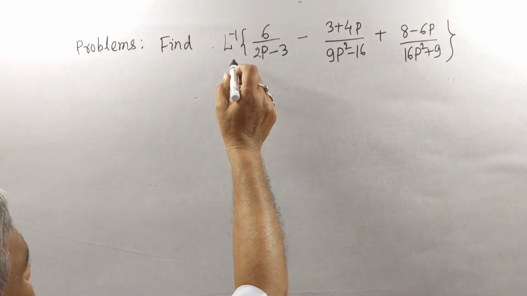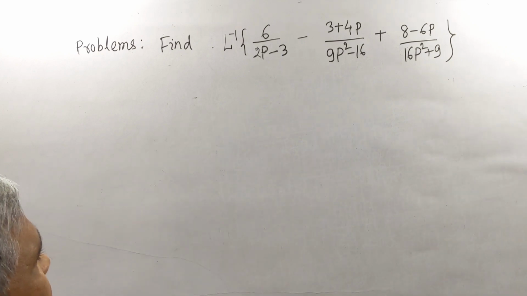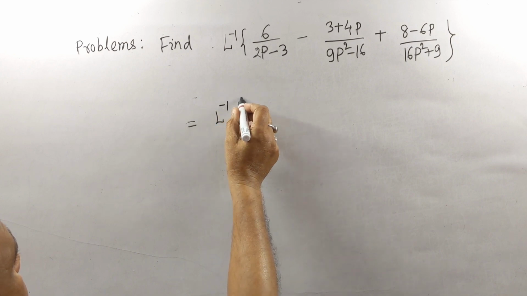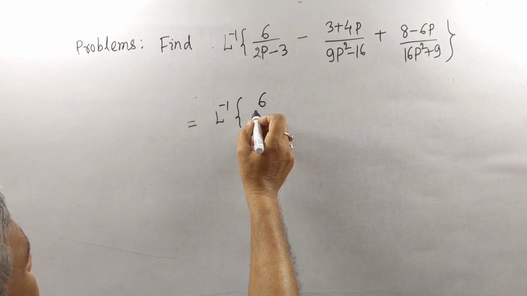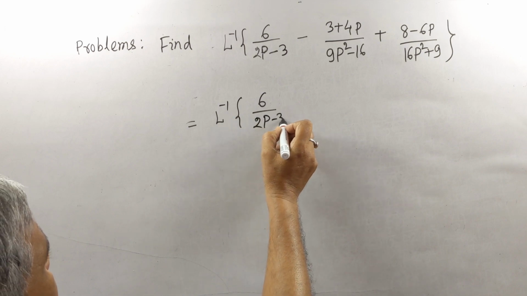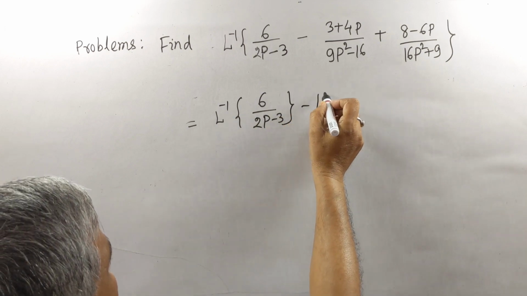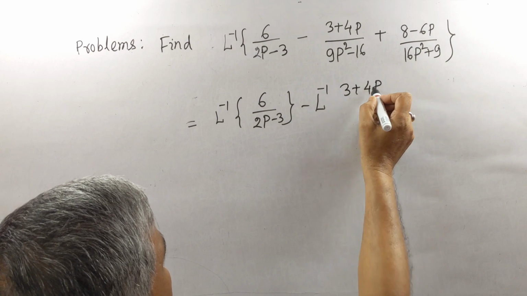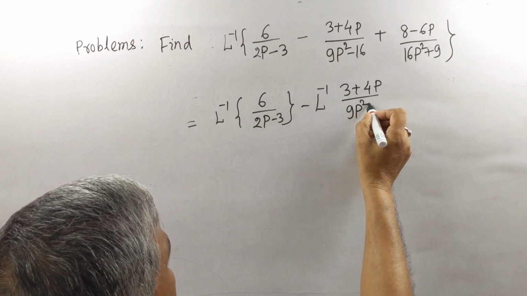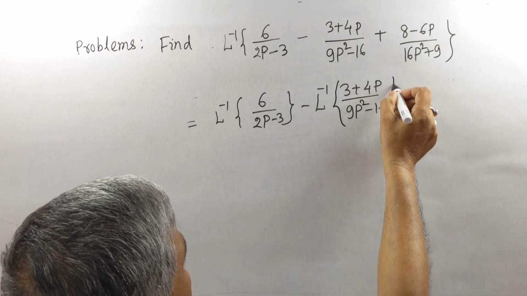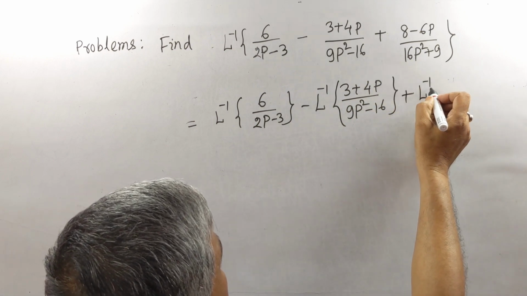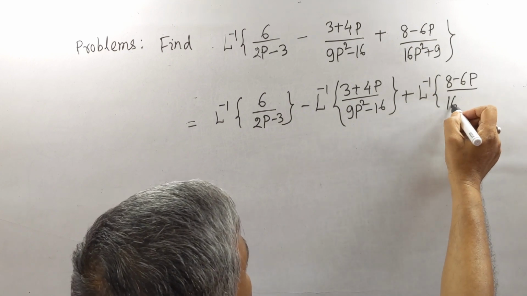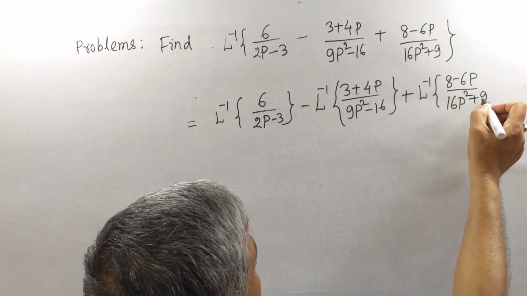Here we know that inverse Laplace transformation is a linear transformation, so we may write this equal to L inverse 6 by 2p minus 3, minus L inverse 3 plus 4p by 9p square minus 16, plus L inverse 8 minus 6p by 16p square plus 9.